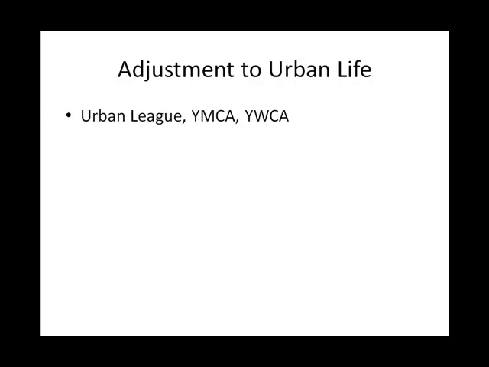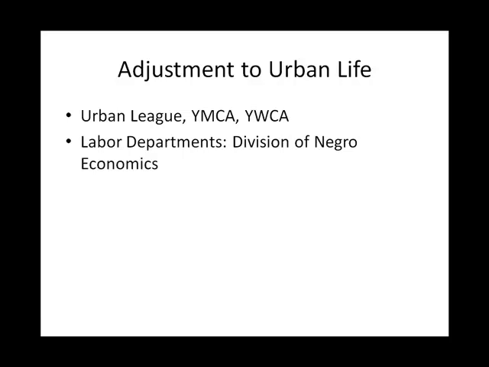Migrants were very often helped in making these transitions by groups like the Urban League or the YMCA or the YWCA or their churches. The U.S. government Labor Department created a division of Negro economics to help with this adjustment.